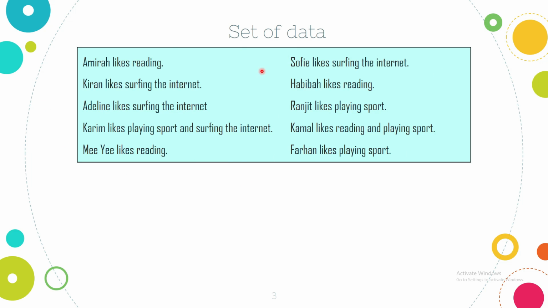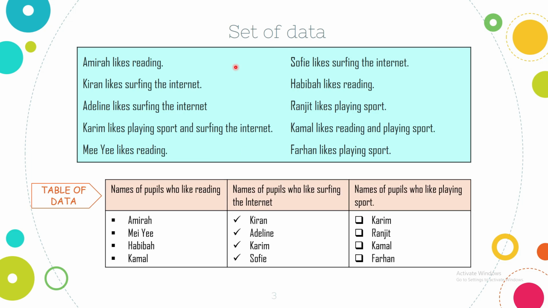And then after we have this data, we convert it into a table form, like this. The first row is the names of people who like to read, and next is who likes to surf the internet, and then who likes to play sport.